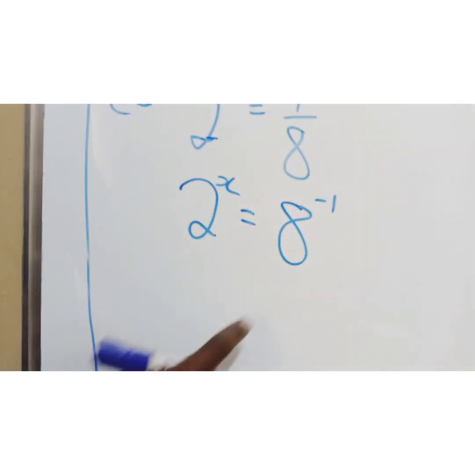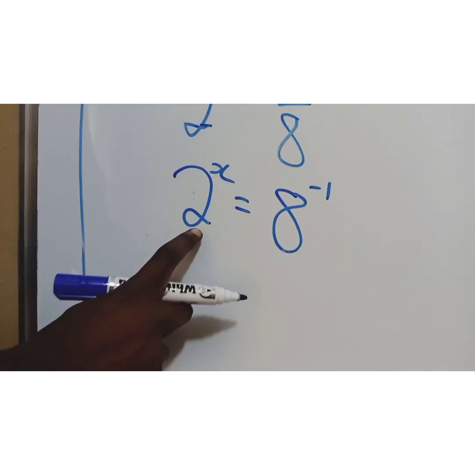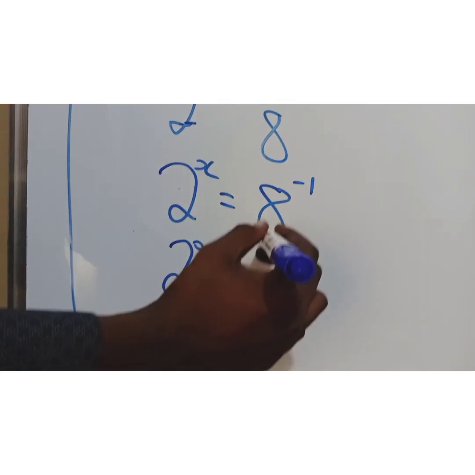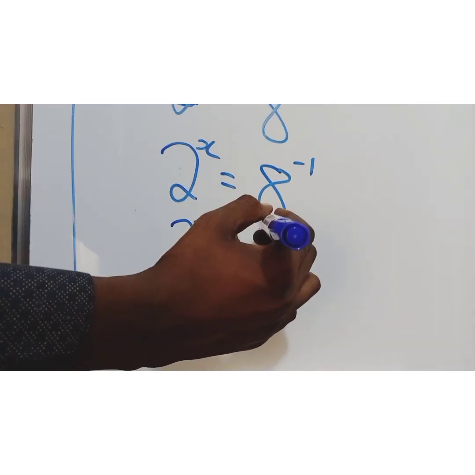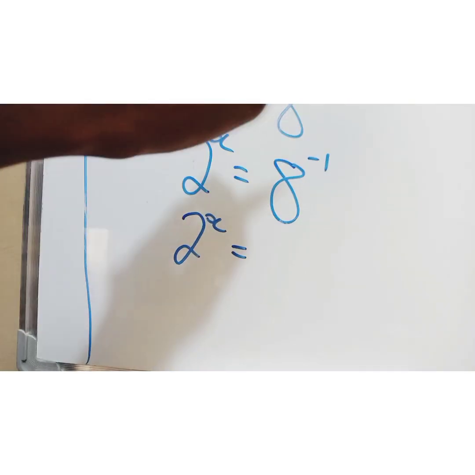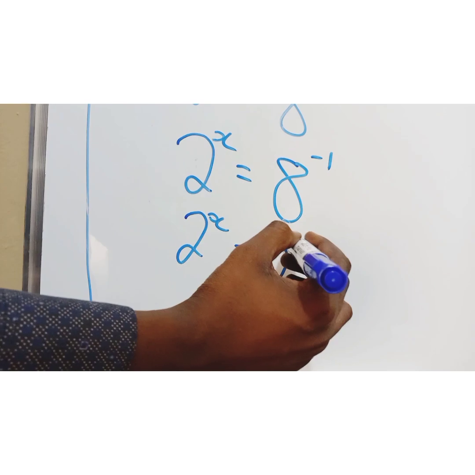Once you do this, you change the bigger number, or the bigger base, into the smaller base. So you have 2 to the power x here. This 8, how many times do you multiply? What number, you multiply it 3 times, it gives you 8? It is 2. How many times? It's 3.